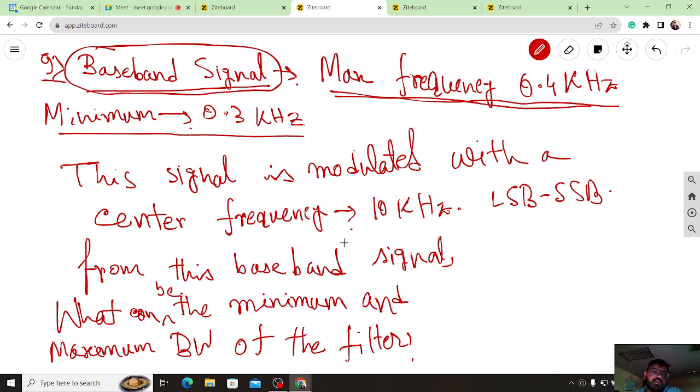For this we have to use a filter, and I'm asking what can be the minimum and maximum bandwidth of the filter so that it can generate an LSB SSB signal. The carrier has a frequency of 10 kilohertz, and the baseband signal has a bandwidth of 0.1 kilohertz, from 0.3 to 0.4 kilohertz. So what should be the minimum or maximum bandwidth that will not hamper the signal creating the LSB SSB signal? That is my question.